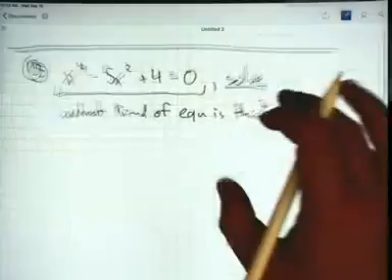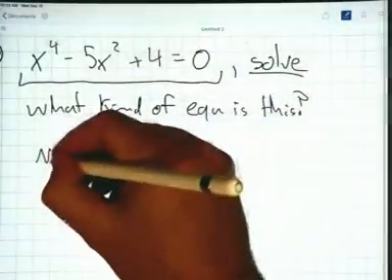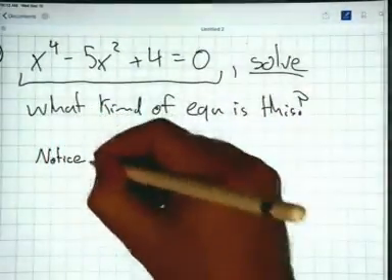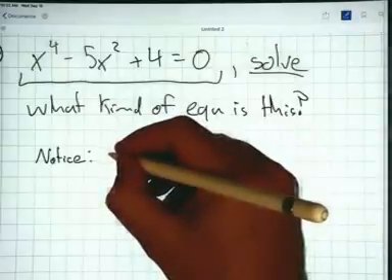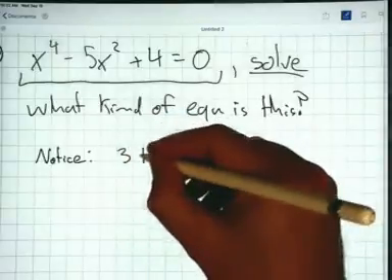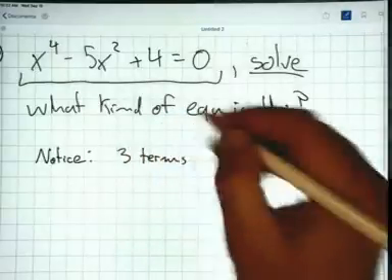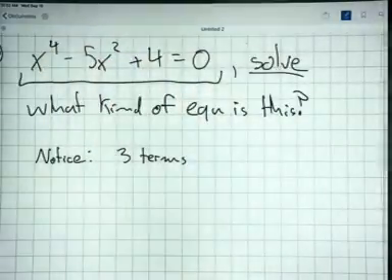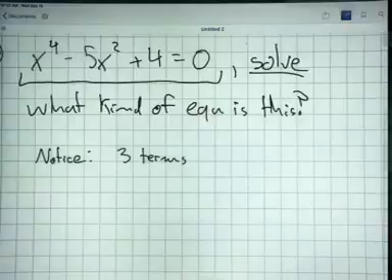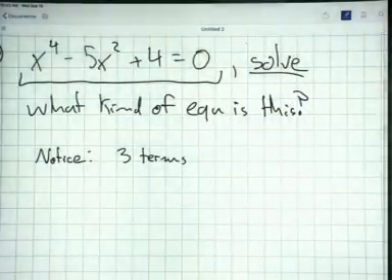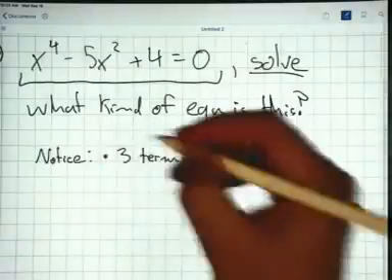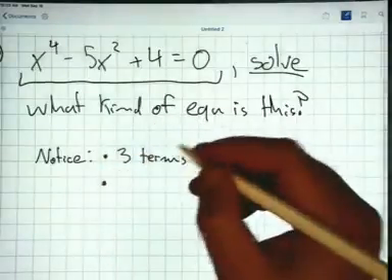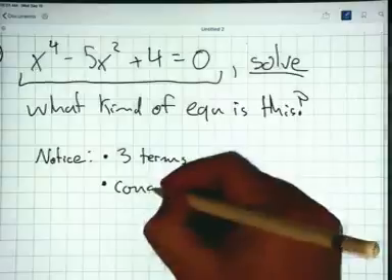So, here are the things that I notice. There are three terms: 1, 2, 3 terms. Quadratic equations have 3 terms. That's the first thing I noticed. Second, there's a constant.